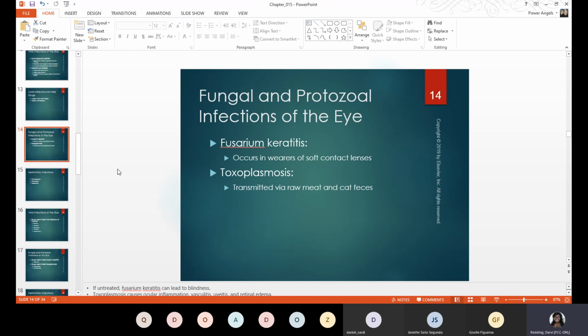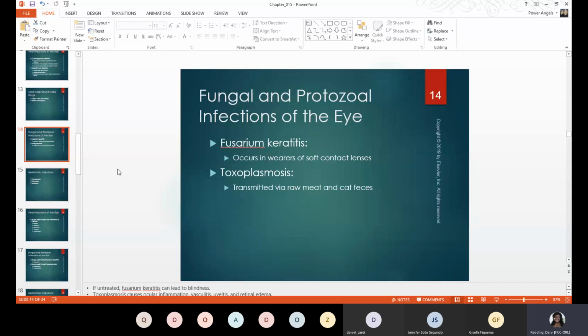So now that we talked about some of the bacterial infections in the eye and some of the viral infections in the eye, we're next going to learn about the fungal and protozoal infections of the eye. So two of those examples would be the Fusarium keratitis, and this occurs in people who wear soft contact lenses.